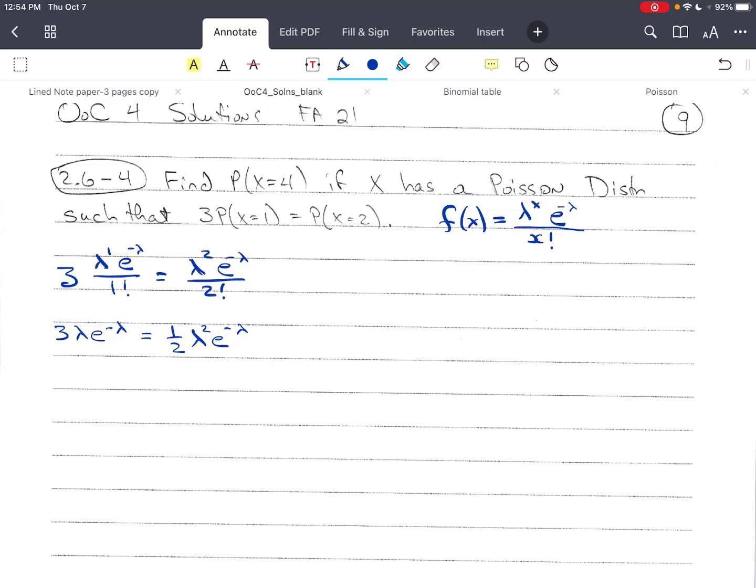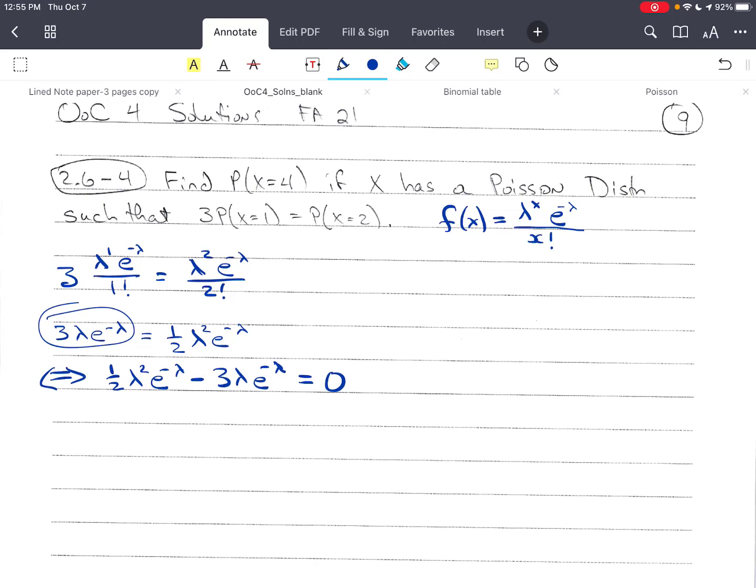But we have a quadratic equation here, so this is true if and only if 1/2 lambda squared e to the negative lambda minus 3 lambda e to the negative lambda is equal to 0. So I've subtracted this from both sides. I wanted my square term in lambda to have a positive coefficient.